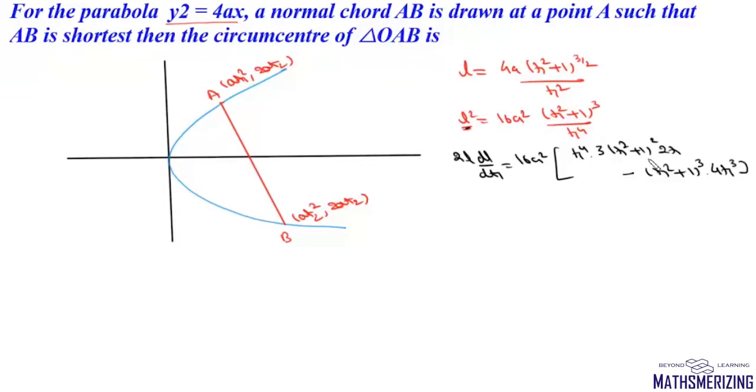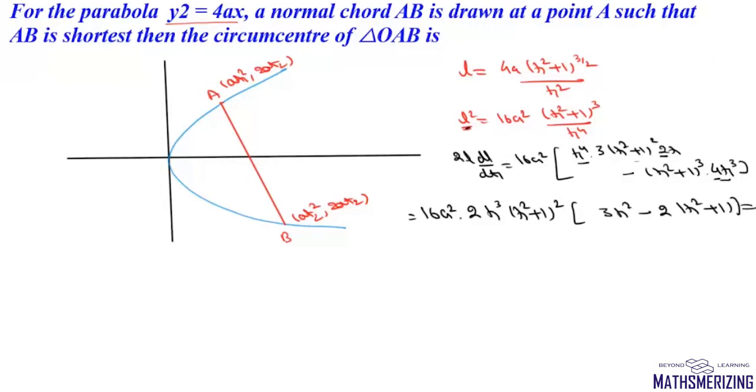Now we'll take 2 t1 cube and (t1 square plus 1) whole square common. So we'll write 16a square, and then 2 t1 cube and then (t1 square plus 1) whole square. So then we'll get 3 t1 square minus 2 (t1 square plus 1).